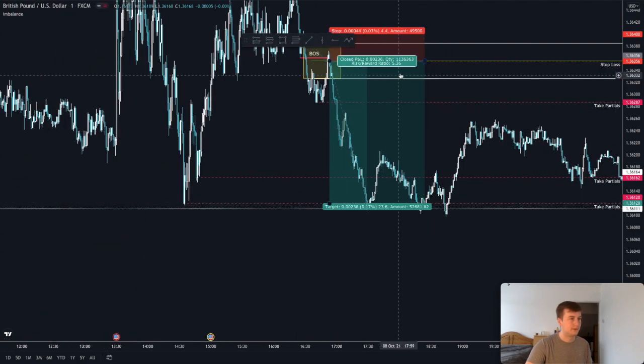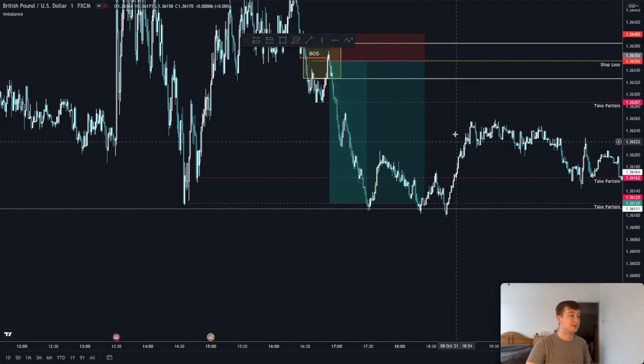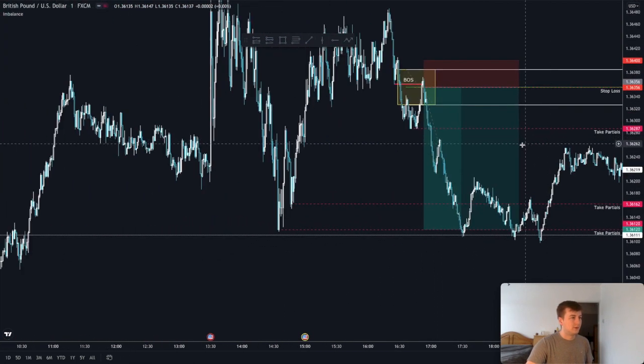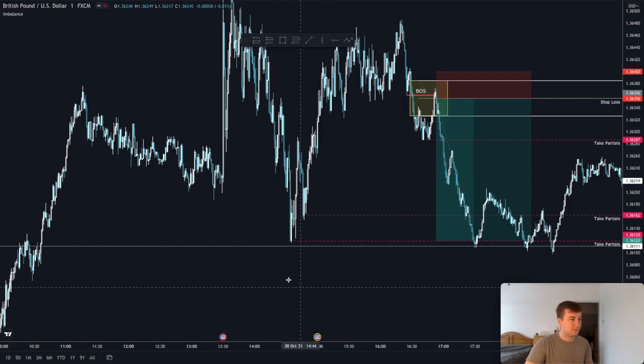And there you go. That's a 5R trade, guys, 5.3, which is pretty good in my opinion. So that's one example of a trade.